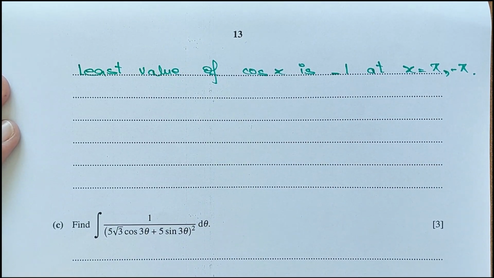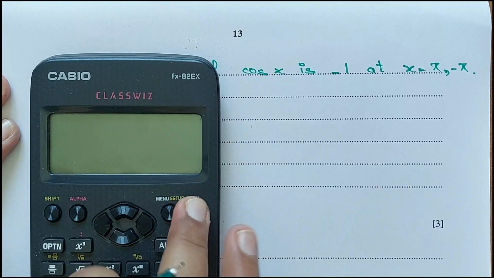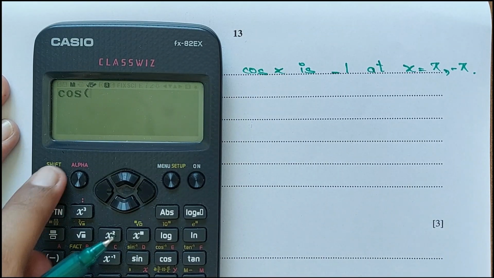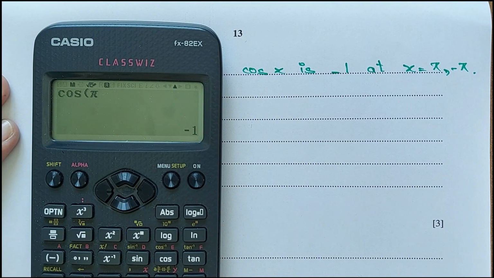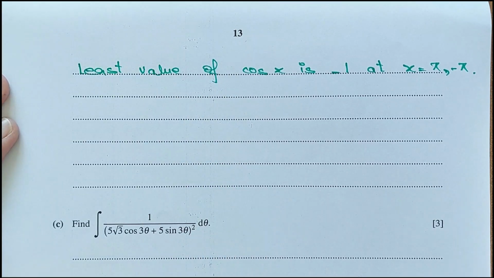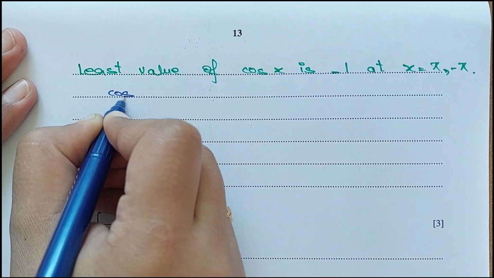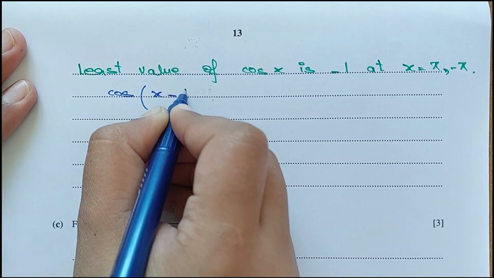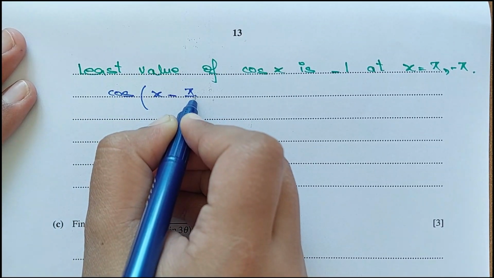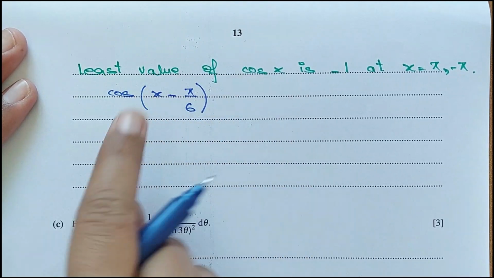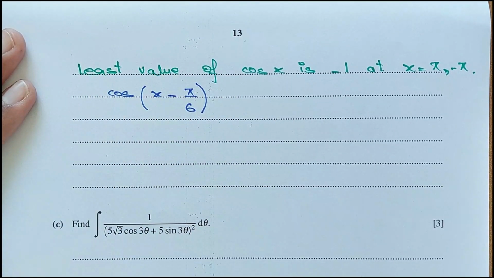Cos pi is -1, and cos minus pi is -1, because cos is an even function, so it absorbs the negative sign. In our case, we have cos(x minus pi by 6), so we have to find its least value.